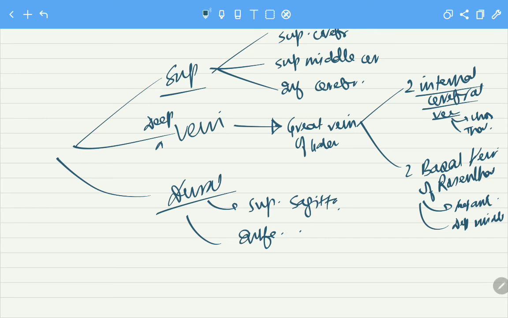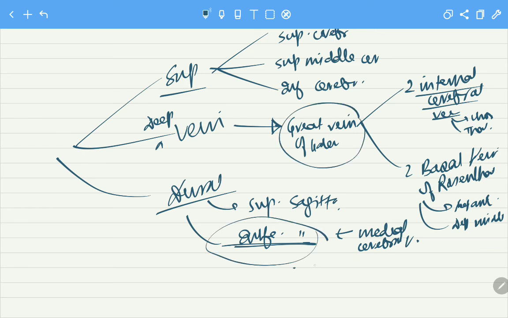The inferior sagittal sinus receives blood mainly from the medial side of the cerebral hemisphere. And this inferior sagittal sinus joins with the great cerebral vein of Galen to form the straight sinus.